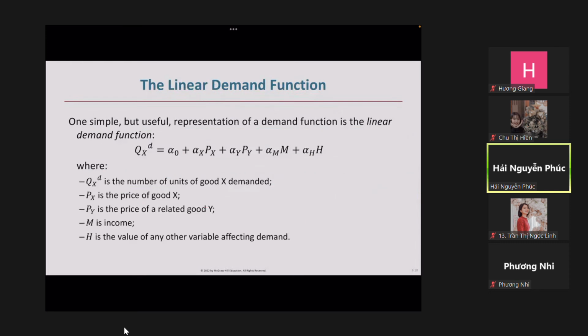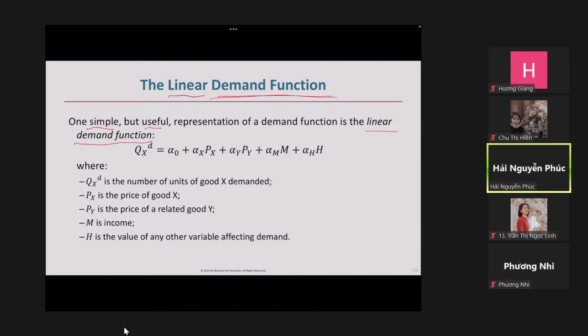In economics, we often use the so-called linear demand function. It is very simple, but quite useful. We can write down the linear demand function in the following way.